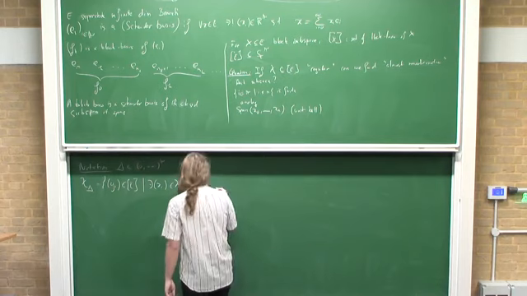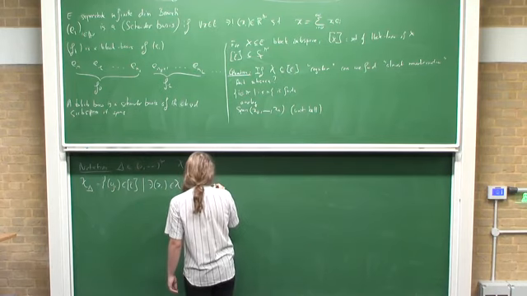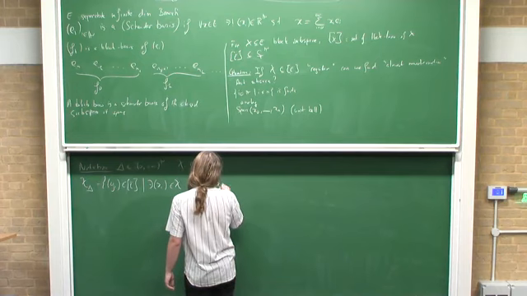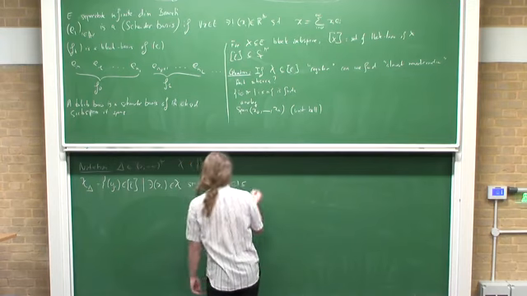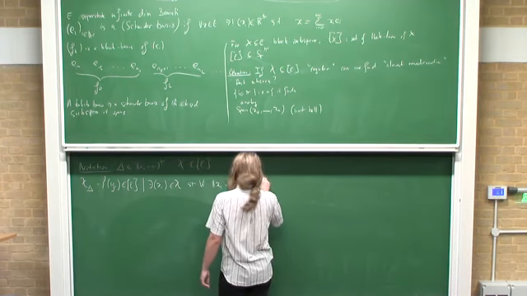So such that for every i, the distance between xi and yi is less than delta i.